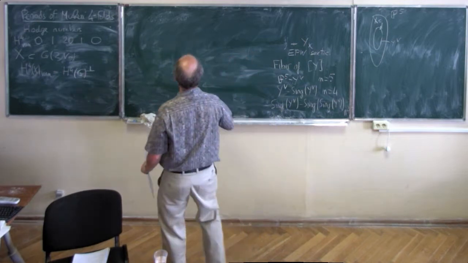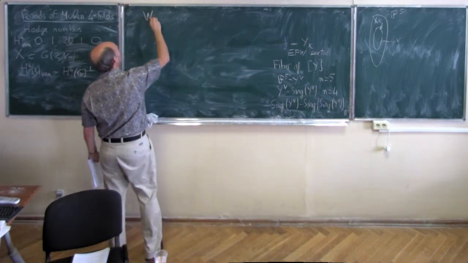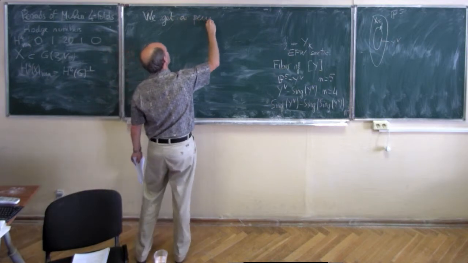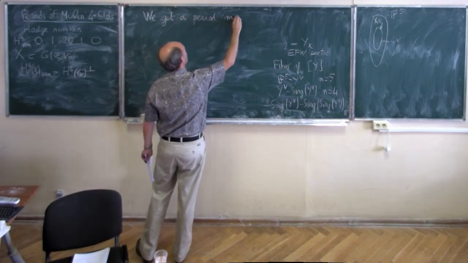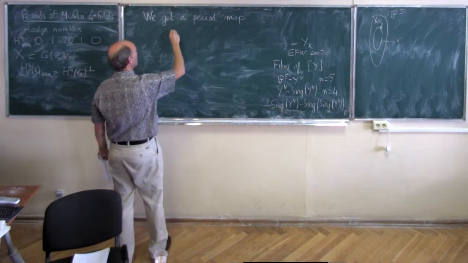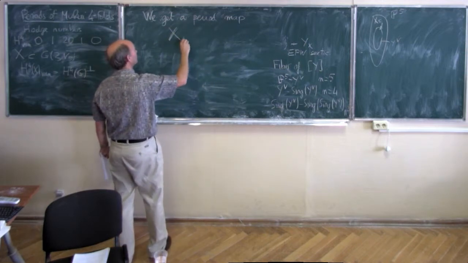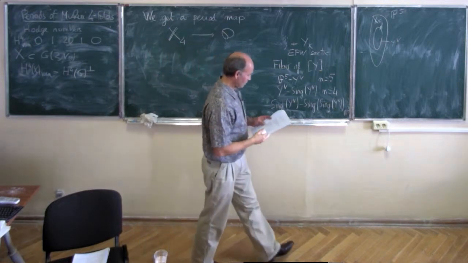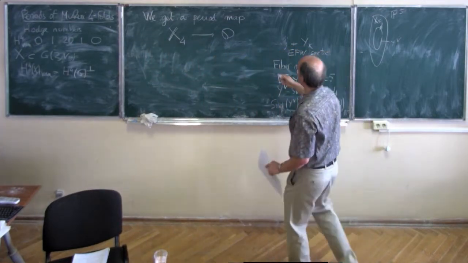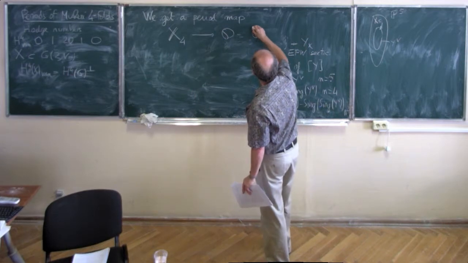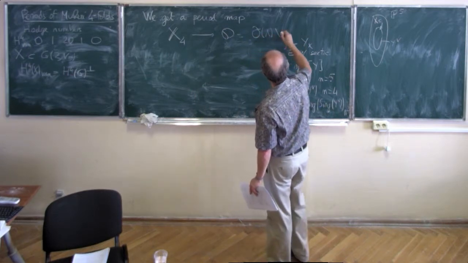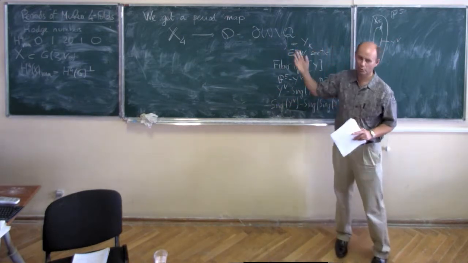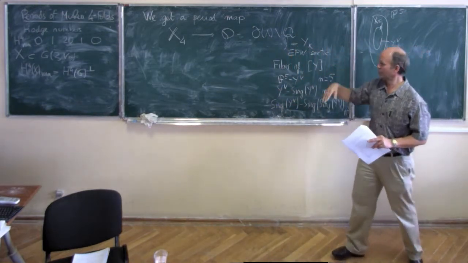So in any case we get a period map from X4 to D. So this D is obtained as a quotient by some arithmetic group of some period domain. I never know which one people call the period domain, if it's upstairs or downstairs.